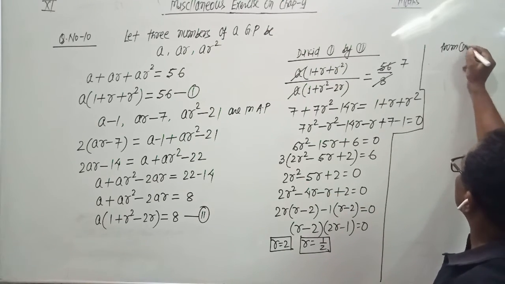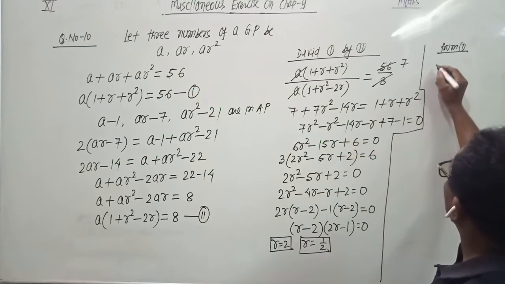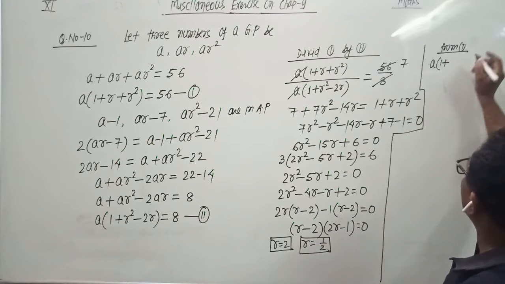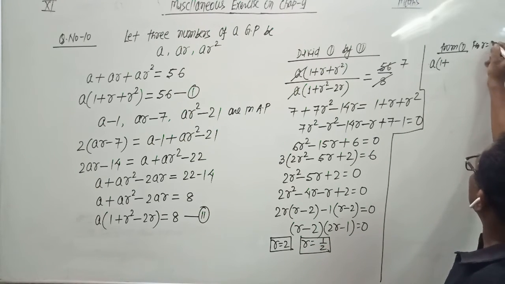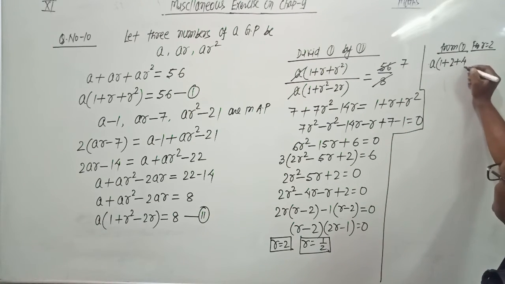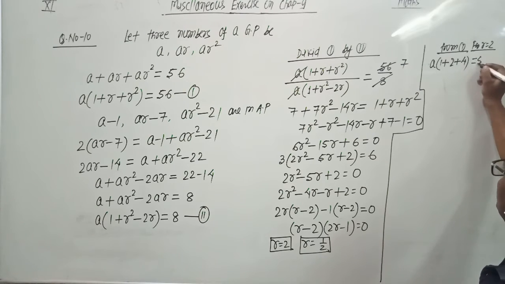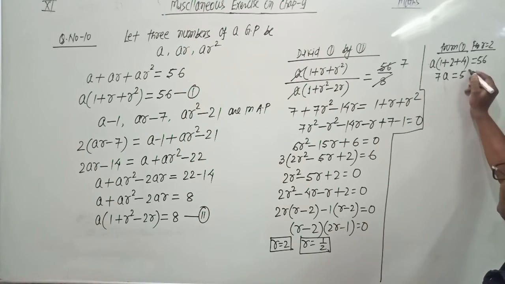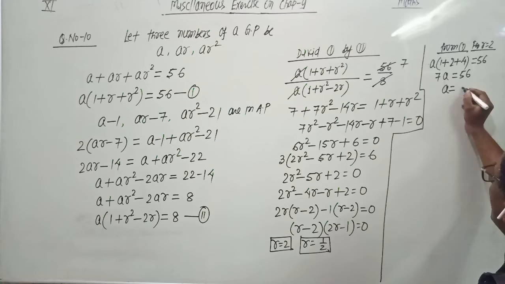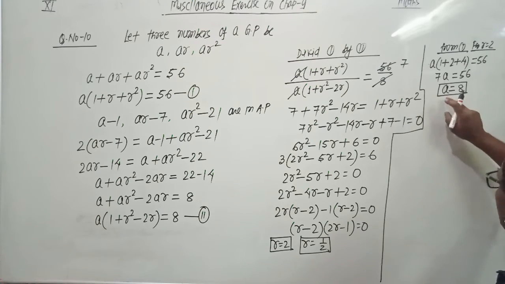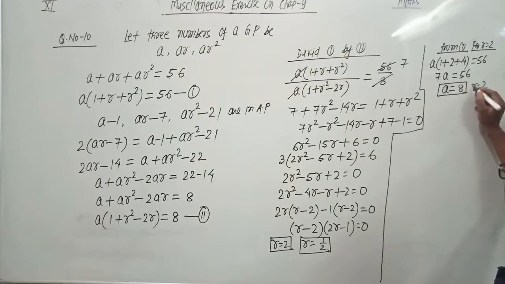So from first, A into 1 plus R plus R square, taking R equals 2: A into 1 plus 2 plus 2 square, 4, equals 56, and this comes to be 7A equals 56, and the value of A comes to be 8. 56 divided by 7, we get 8. So when A equals 8, then the value of R equals 2.